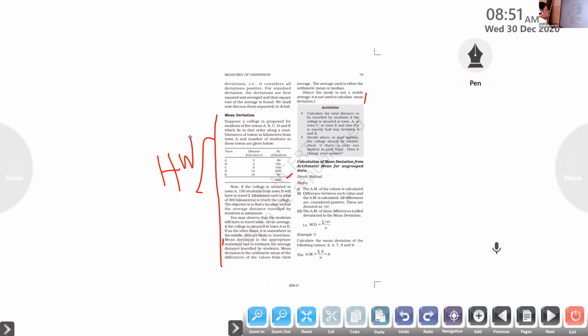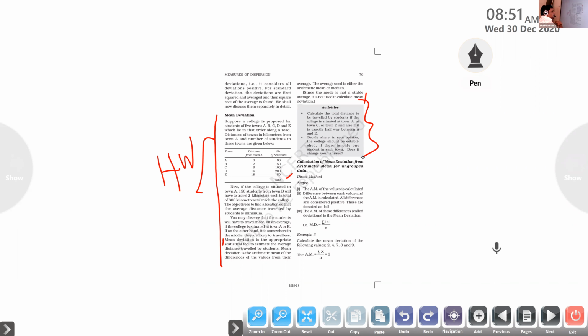Next, activities: calculate the total distance to be traveled by students if the college is situated at town A, at town C, or town E, and also if it is exactly halfway between A and E. Next, decide where in your opinion the college should be established. If there is only one student in each town, does it change your answer?